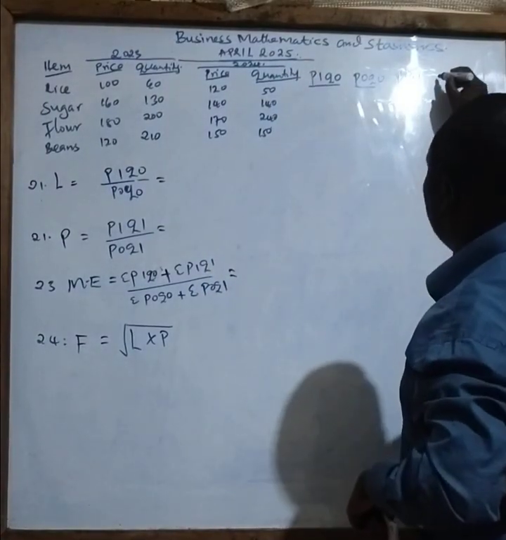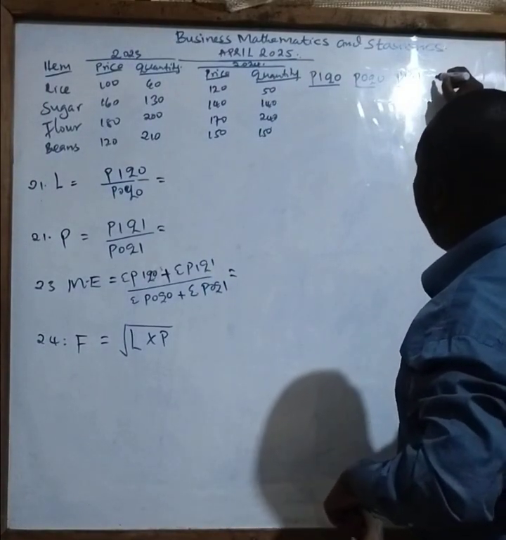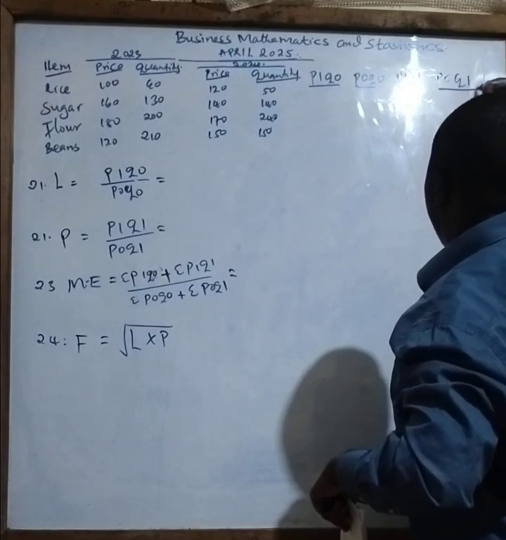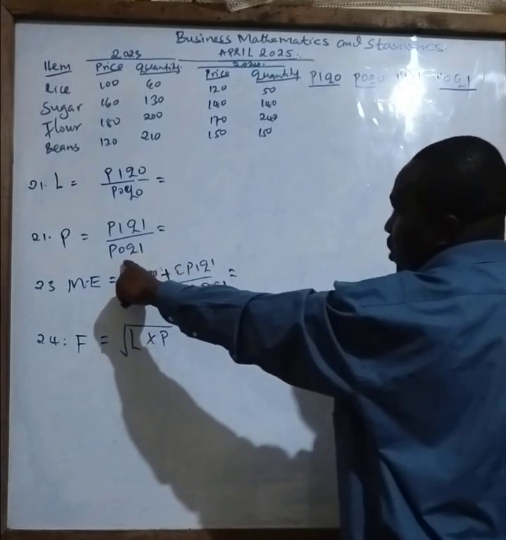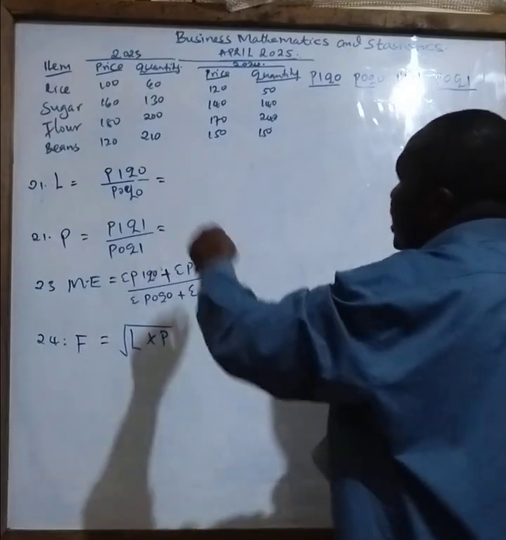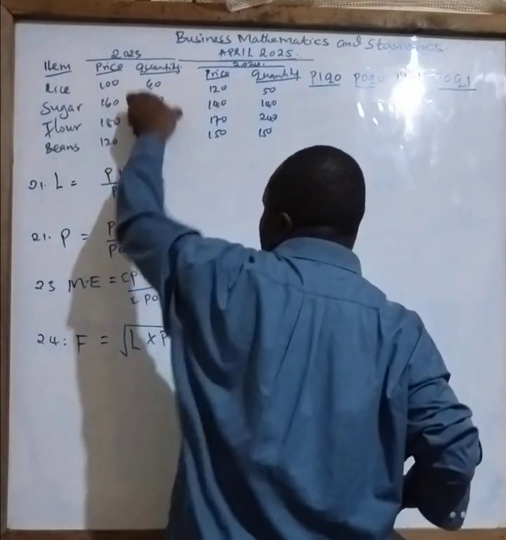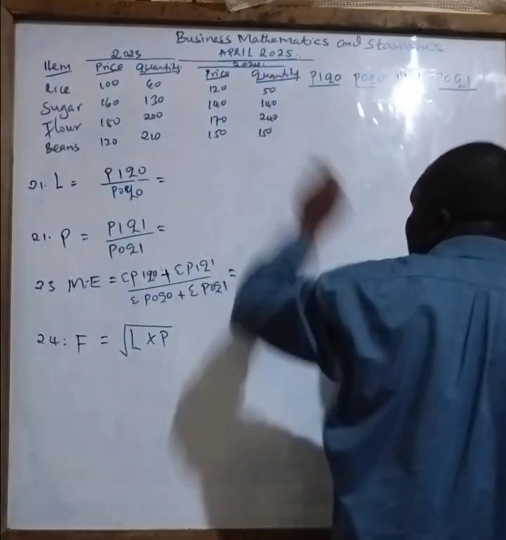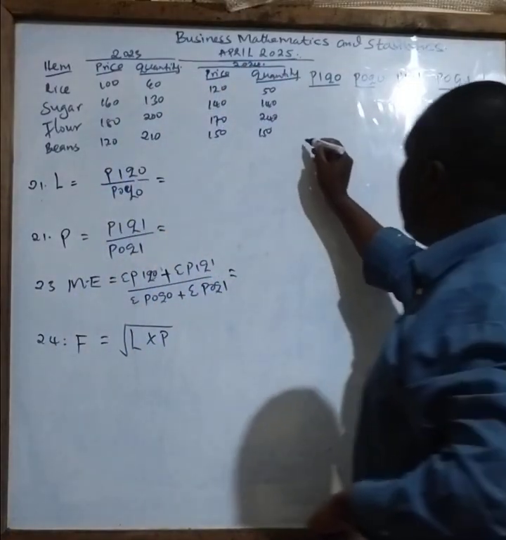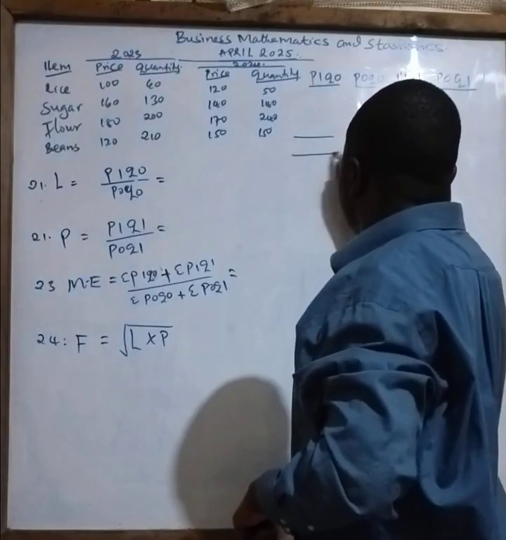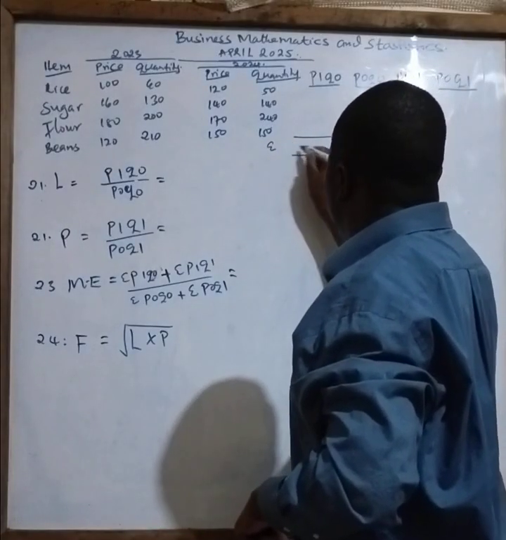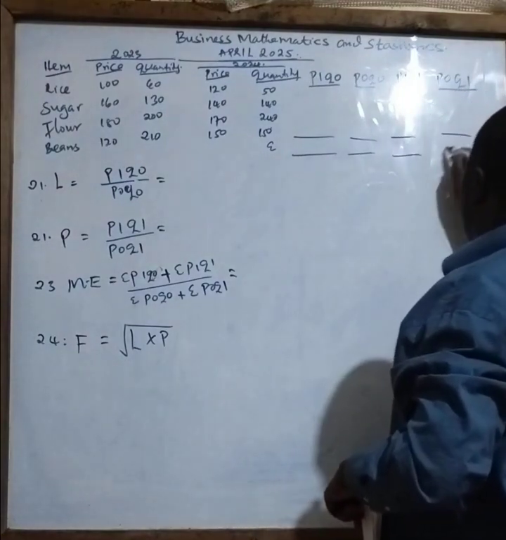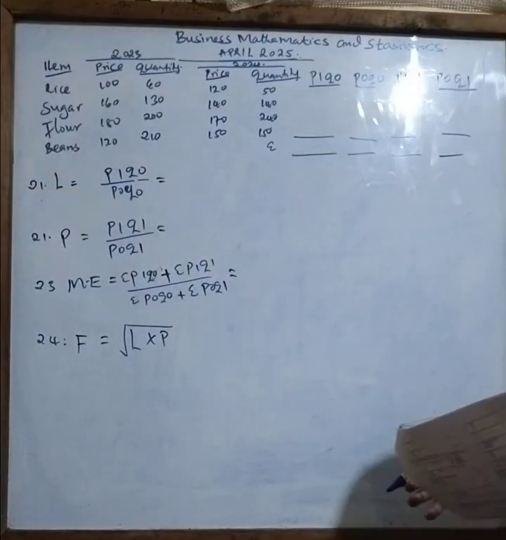Then I go also to P0Q1, which is now this one here, which means I'm taking the price of the base year times the quantity of the current year. So therefore, my summation will be now here. I will be getting the summation for the four, and this one now will give us the answers for that.